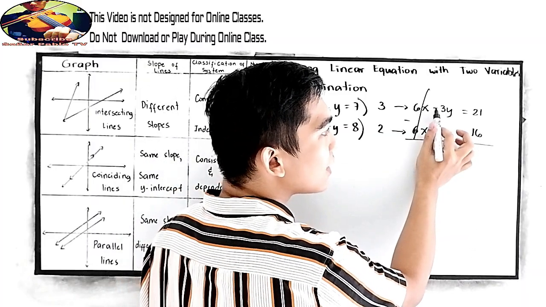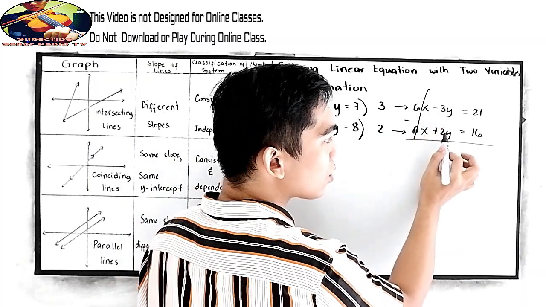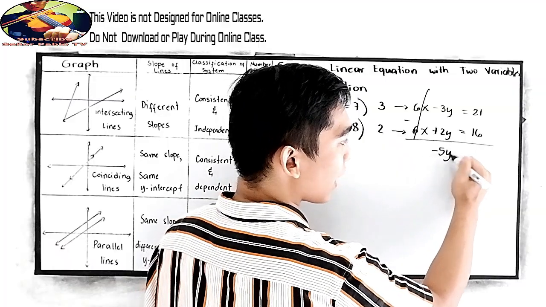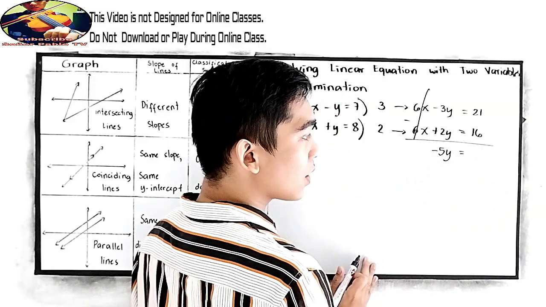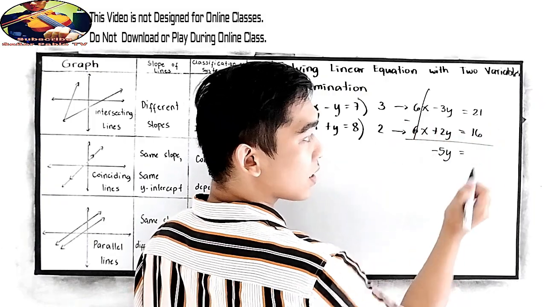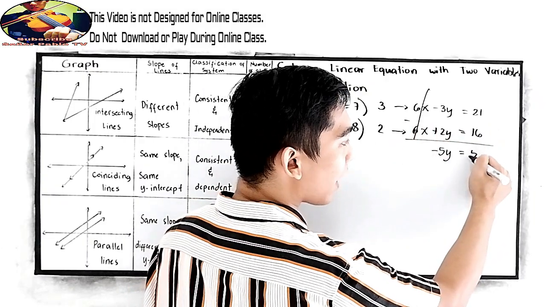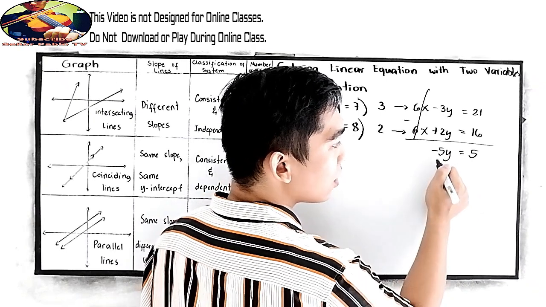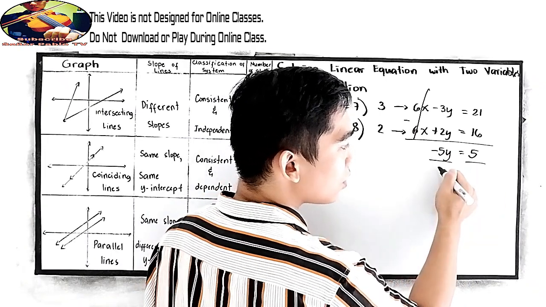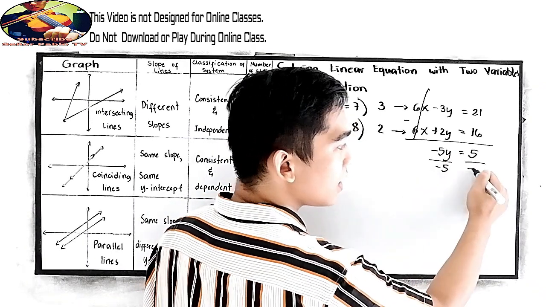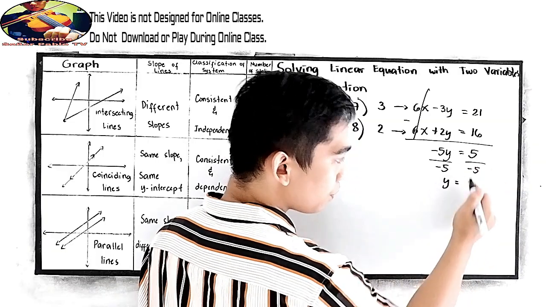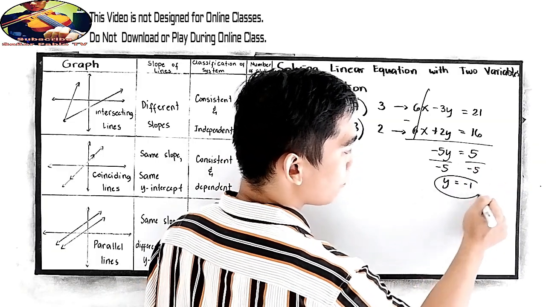Now, negative 3y minus 2y, that is negative 5y, is equal to 21 minus 16, that is 5. We need to get the value for y, so we need to divide by negative 5. So y is equal to negative 1.